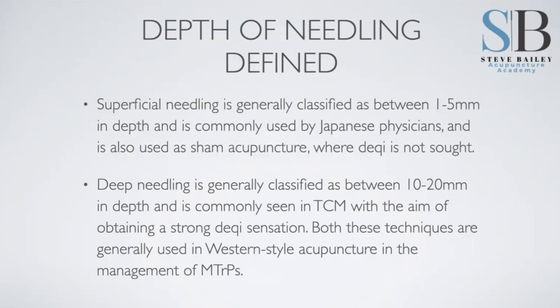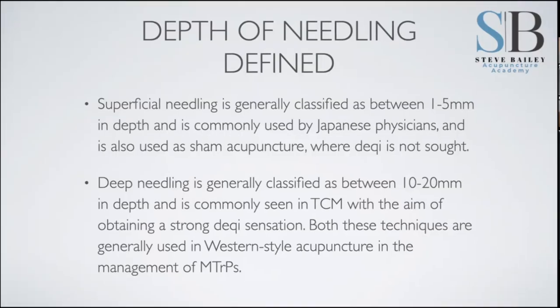They put the needle in and the needle actually flops. That type of needling has been shown to be quite effective, particularly if you're treating neurological disorders. You're going to find Japanese style will outperform Chinese, because Chinese will needle deeper than Japanese, anything between 1 centimeter to 2 centimeters in depth.